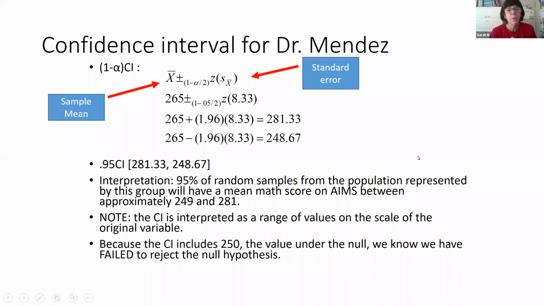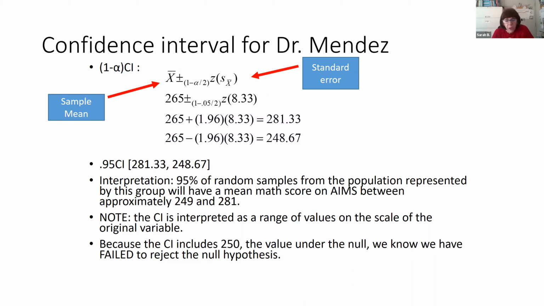The interpretation would be that 95% of random samples drawn from the population will have a mean score between approximately 249 and 281. Note again, it doesn't say anything about the population mean. Also, it's interpretable as a range of values on the scale of the original variable.